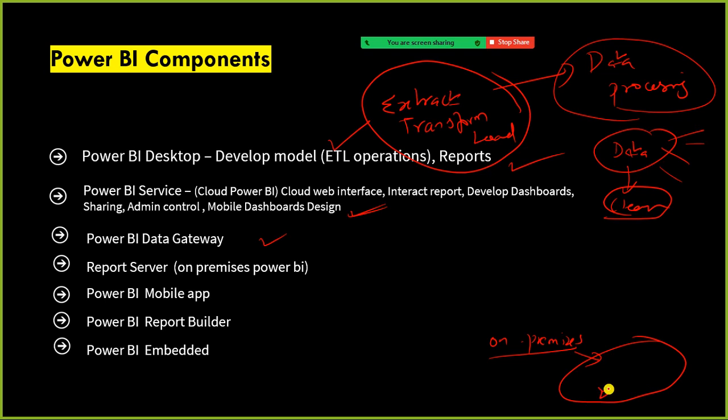In order to ship this data to the cloud, the reports we develop locally, along with the data, will get shipped automatically to the cloud by the Power BI data gateway. Let's say you developed a report, and the data and reports are everything lying in your local server.